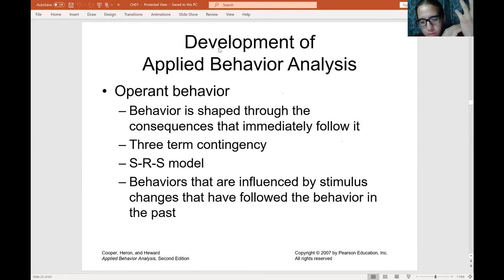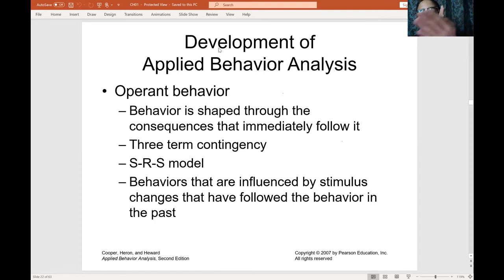let's put an example with the dog. So the reflex here for Pavlov was he rang a bell, the dog salivated. Let's say that when Pavlov was close by and he had food in his hand, the dog barked.